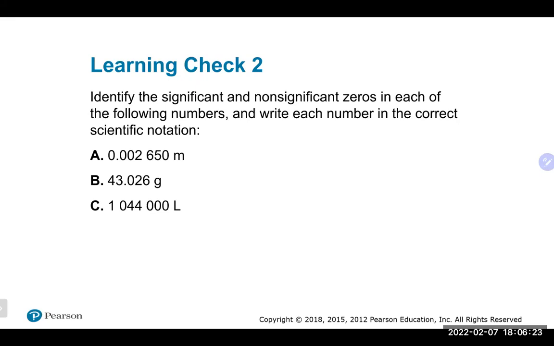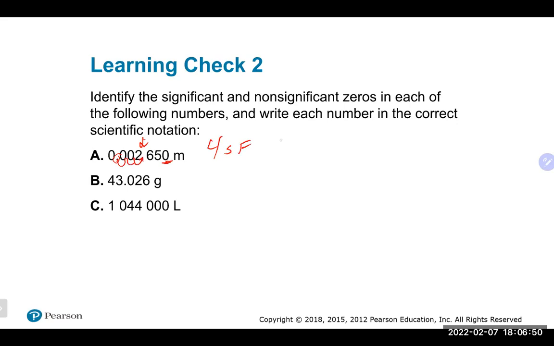So starting with the first one, again, we would start counting there at the 2. The 2 is significant, the 6 is significant, the 5 is significant. Is the 0 at the end significant? Yes, it is, because there is a decimal point there. So this guy would have 4 significant figures. We then need to turn it into a number between 1 and 10, which means we need to take that decimal and go 1 place, 2 places, 3 places to the right.